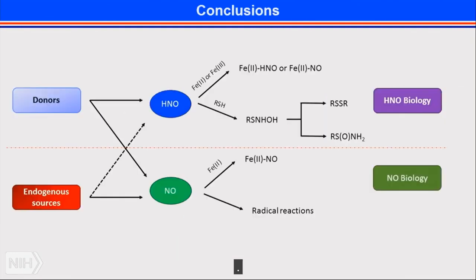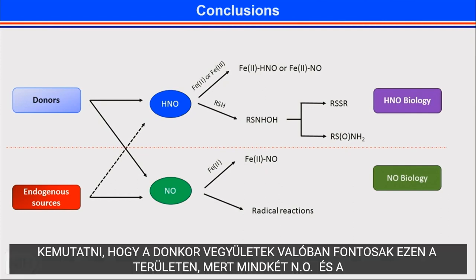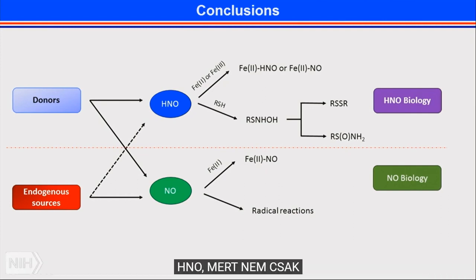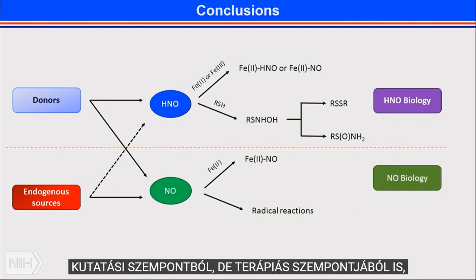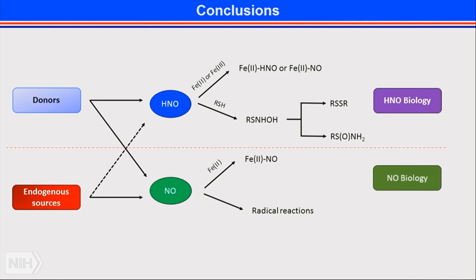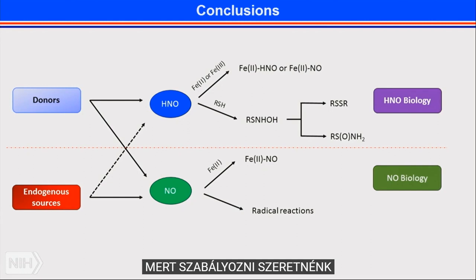So in conclusion, I would like to point out that donor compounds are really important in this field, for both NO and HNO, not only from a research point of view, but also from a therapeutic point of view, because we want to control the levels of these biomolecules released.